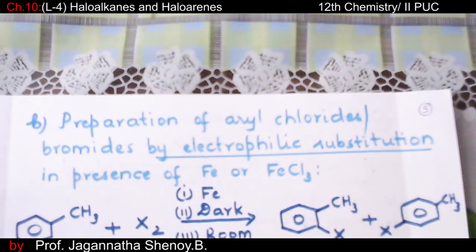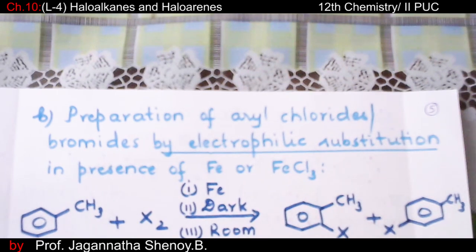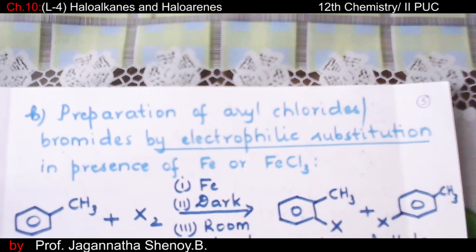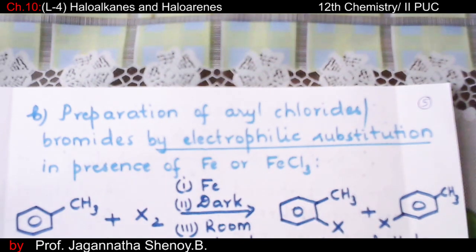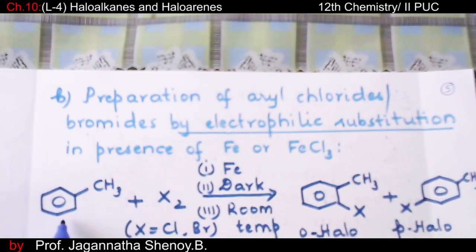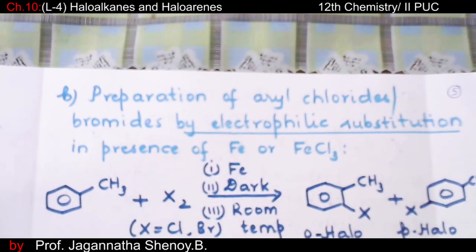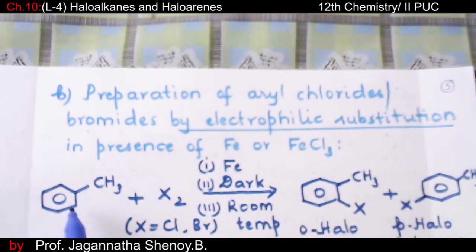You have already studied this reaction last year in class 11th under hydrocarbon chapter, aromatic electrophilic substitution reactions. Here, I'll start from toluene, and my aim is to bring about a chlorination or bromination on the benzene ring.